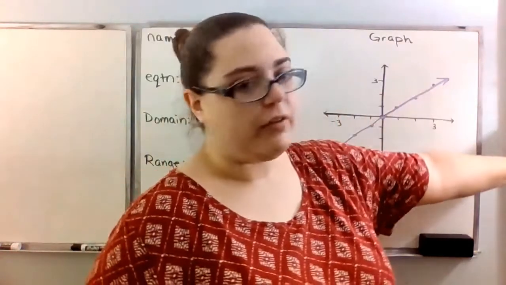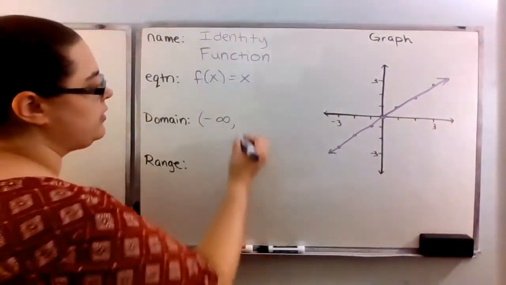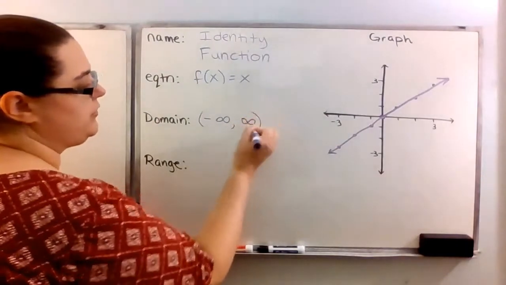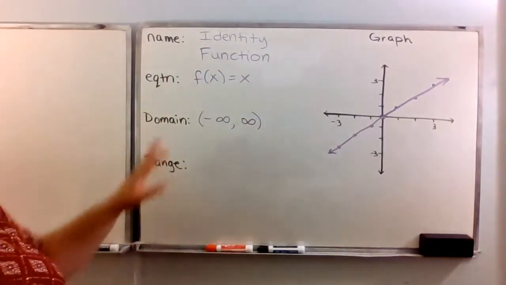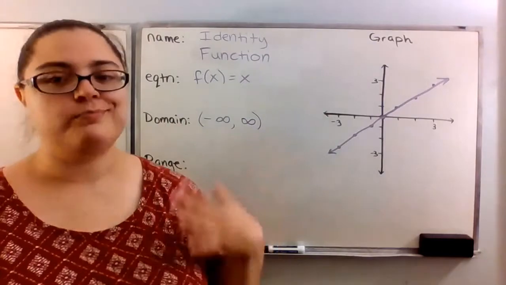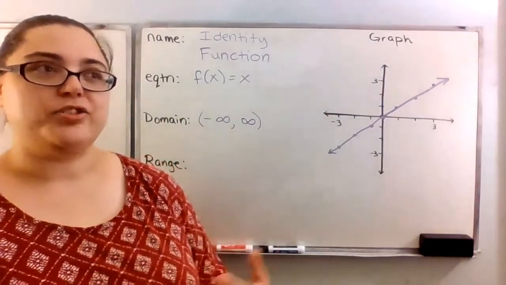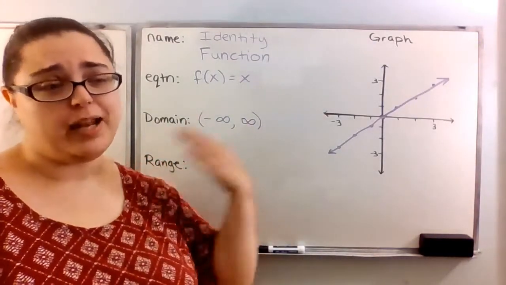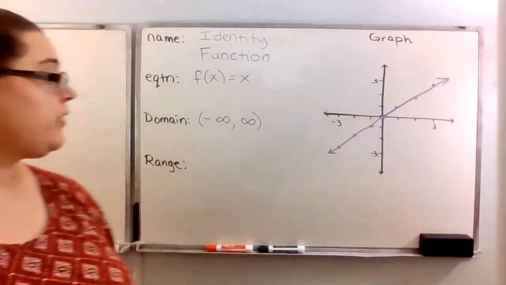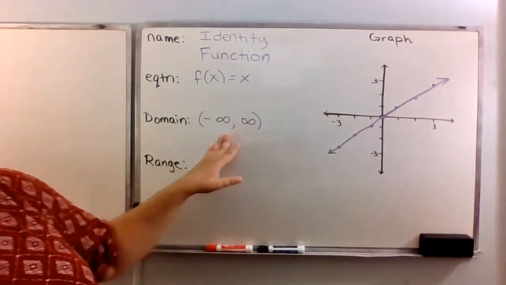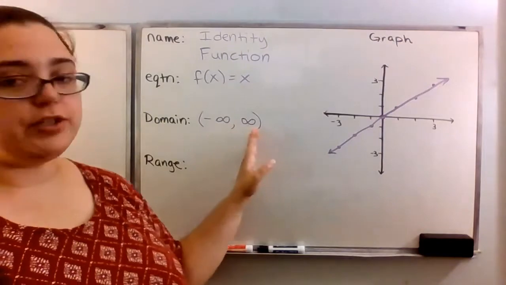So that means we're never going to stop moving to the right. So we go off to +infinity. So the domain of this function is all real numbers. And that makes sense because you can give me any real number and I can spit any real number back at you. So this is using interval notation going from -infinity to infinity.